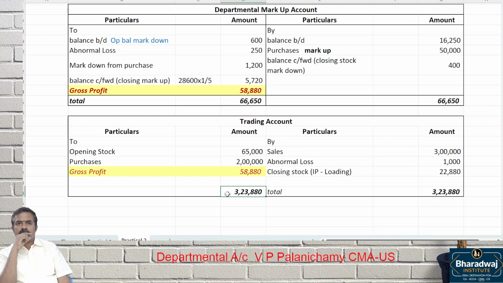இப்படி போறது எனக்கு புரியுது. நம்ம நார்மலா போறப்போ க்ளோசிங் ஸ்டாக்ல இன்வாய்ஸ் பிரைஸ்ல எடுத்து அதுக்கப்புறம் consolidated trading accountல போடும்போது we will record that, wherever you prepare a trading account it will be at what price? Cost price தான். But if you record them at invoice price, consolidated P&L accountல போடுவோம். But generally opening stock, wait பண்ணுங்க. Is it a transferred stock or purchased stock? இது purchased stock or transferred stock? It is a purchased stock தான்.